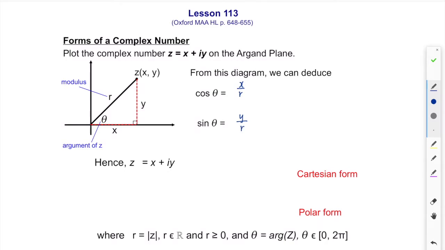This is a very important relationship because if I now rearrange these two trig ratios, x can be written as r cos theta and y can be written as r sine theta. And we know that x and y represent the real and imaginary part of the complex number z.